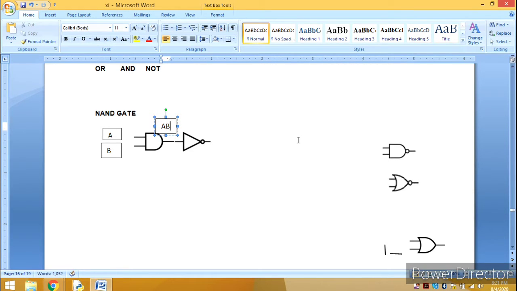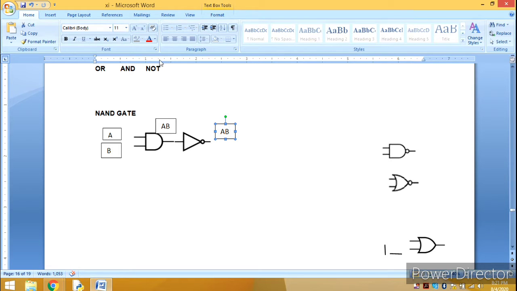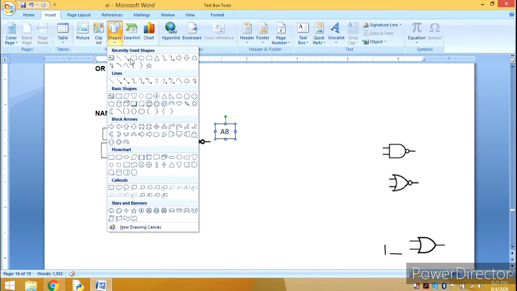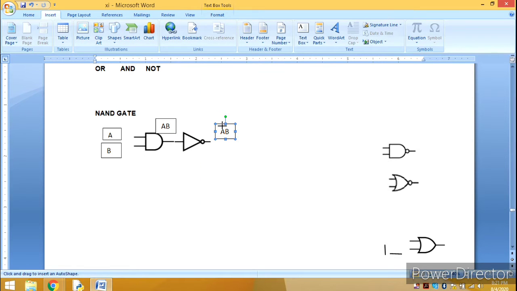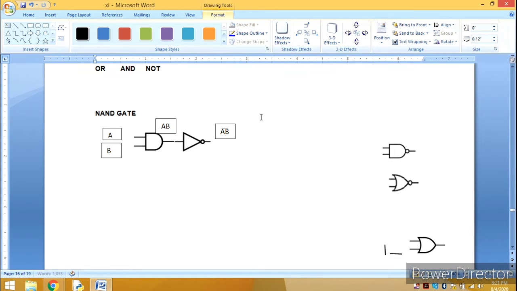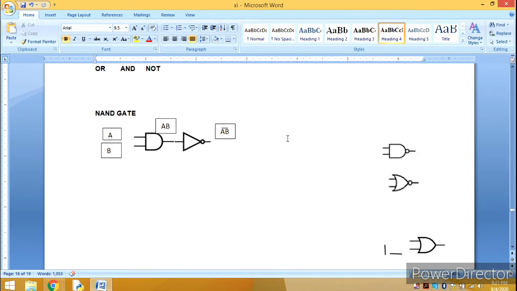Please respond. Already we have done. Sir, A dot B. A dot B, that means AB you are getting. And if it is passed to this NOT gate, what output are you getting? Can you tell me? Sir, AB bar. AB bar, that means you are getting the complement of AB, isn't it? So this is known as your NAND gate, that means NOT of AND.